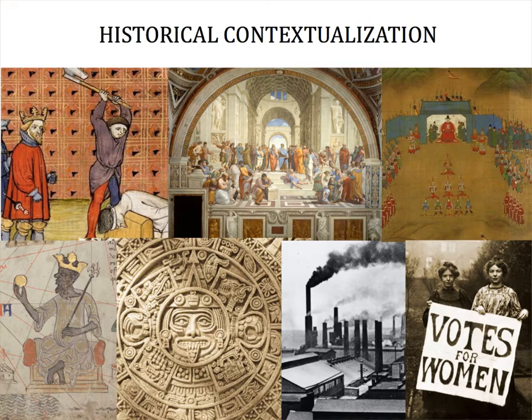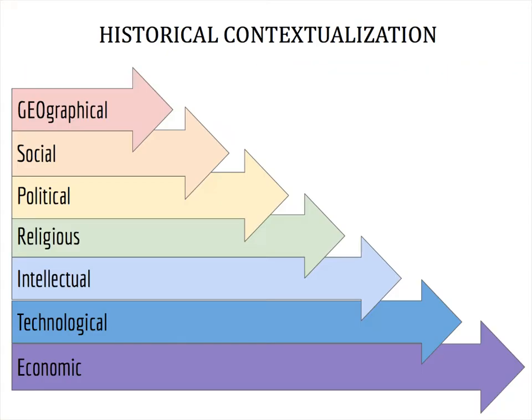After reading the prompt, ask yourself, what was happening at the time of this development that sheds some light on it? The specific conditions that are appropriate to address will depend on the prompt itself. One way to think about which conditions to address is to consider the acronym GEOSPRITE, which stands for Geographical, Social, Political, Religious, Intellectual, Technological, and Economic.